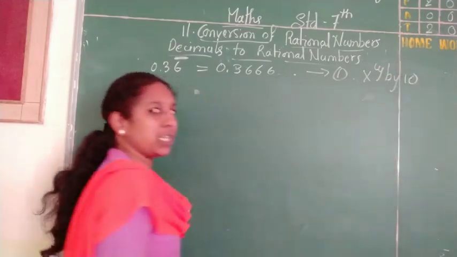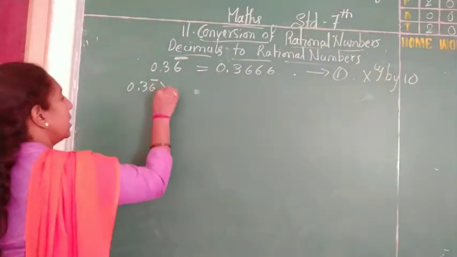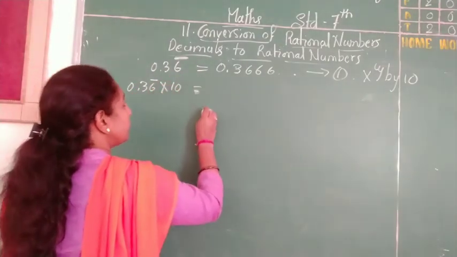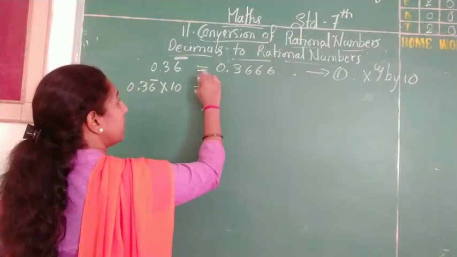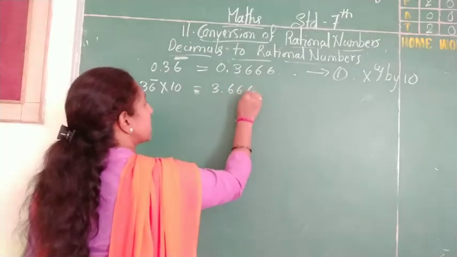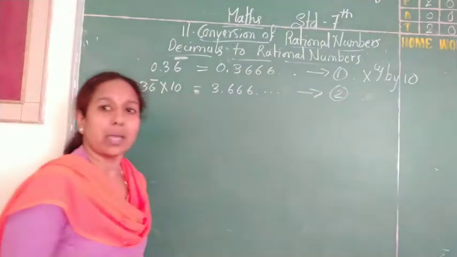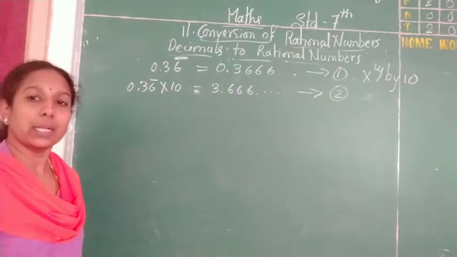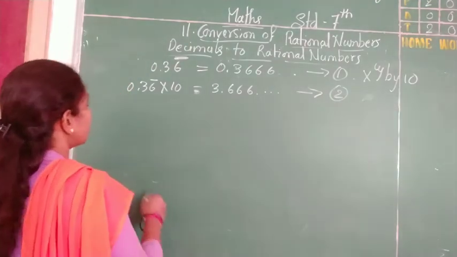So 0.36 bar into 10 is equal to, after multiplying by 10, this 3 will come here. So 3.666 will come. This one I take as equation number 2.